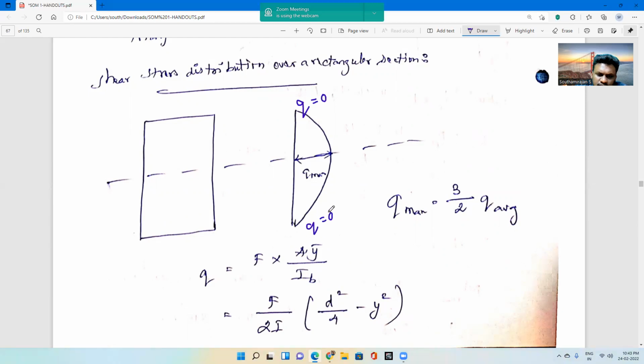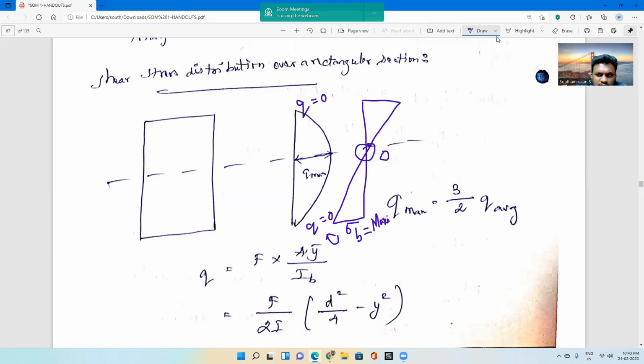It will be 0 because at that location the bending stress is maximum. So sigma b will be maximum, and when sigma b reaches its maximum value at that location, the shear stress value tends to be 0. Here the shear stress value will be 0.